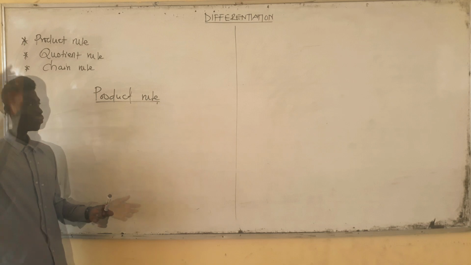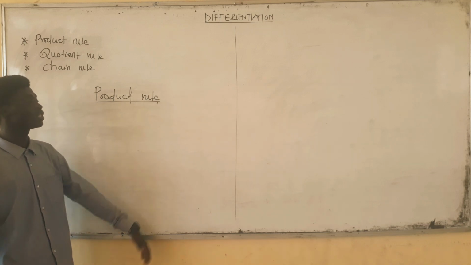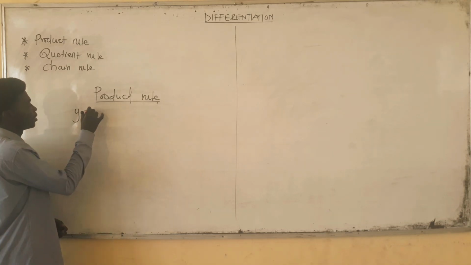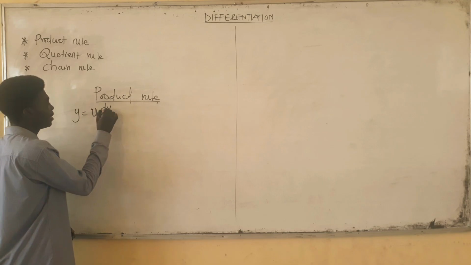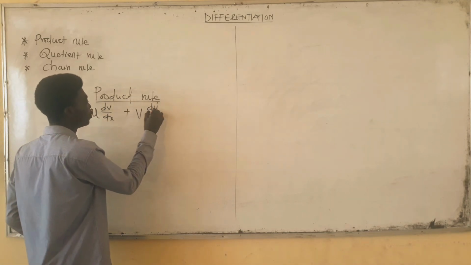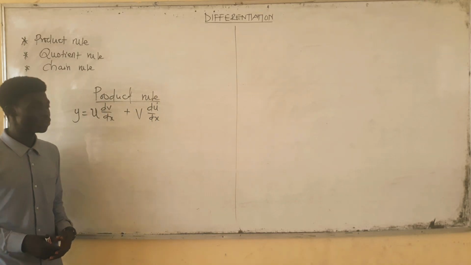So now the product rule, you need to know the formula, you need to know how and when to use the product rule. And the formula for the product rule is u multiplying dv/dx plus v multiplying du/dx. Okay, so this is the formula for the product rule.